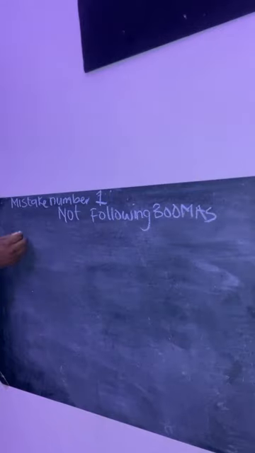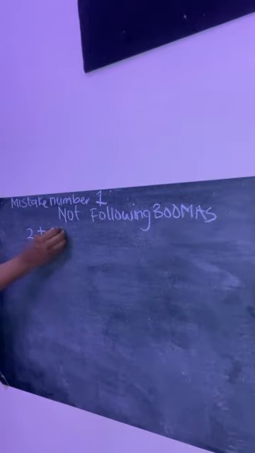So our mistake number one here on the list is not following BODMAS. If you don't follow BODMAS, my dear, your answer might not be correct. So let's check it out. For example, we have 2 plus 3 times 4.